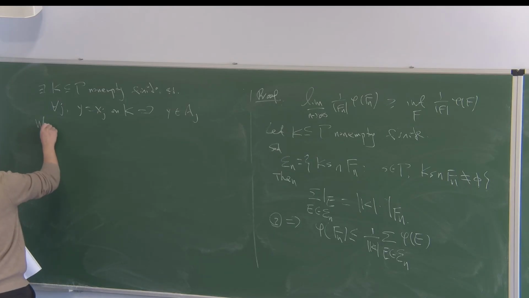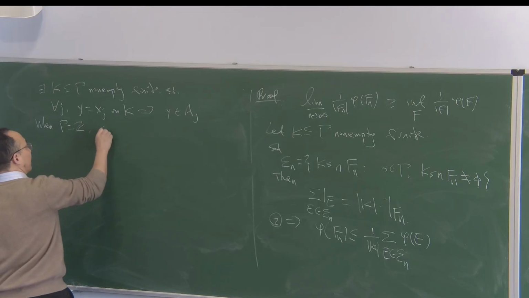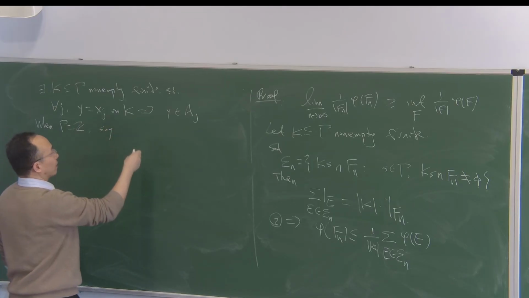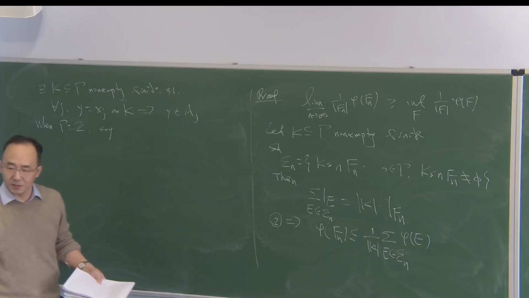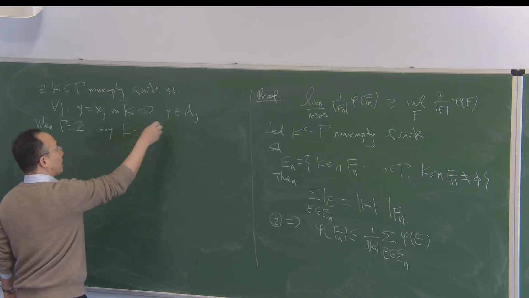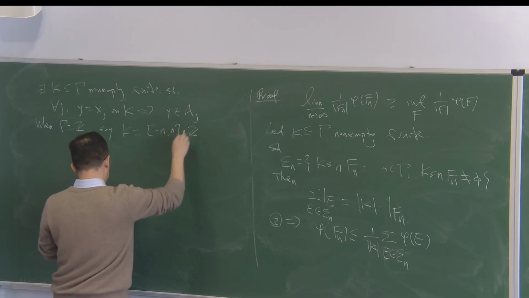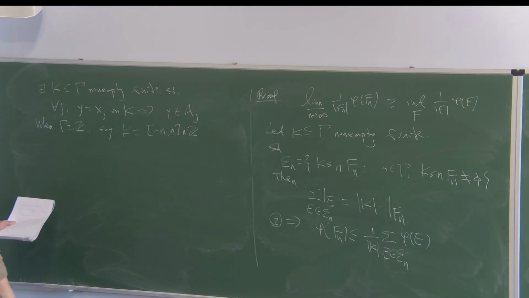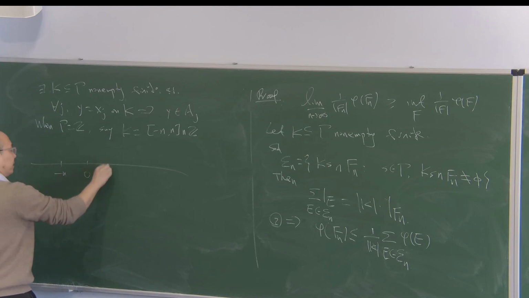Then, when gamma equals Z, one can say that A1 until Ak has positive independence density in the following way. Let's make K larger, say from -n until n. Then this is 0, this is -n, this is n.